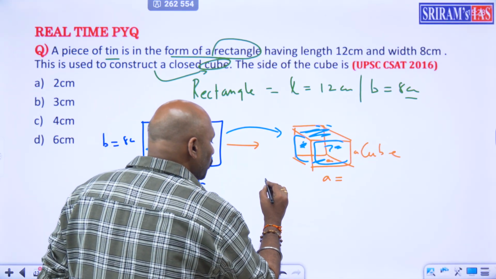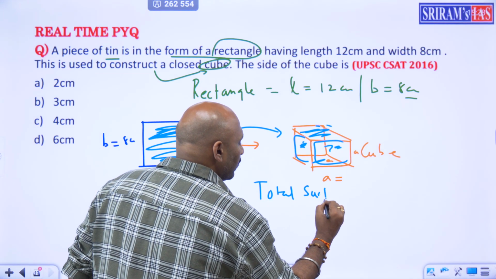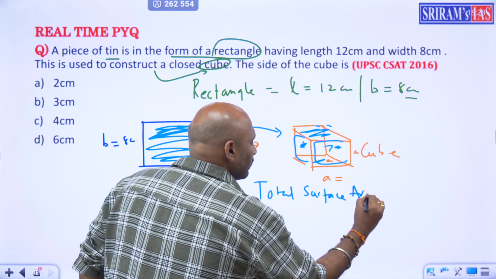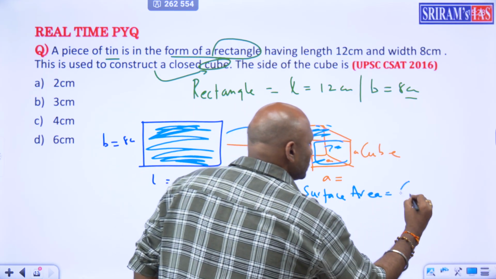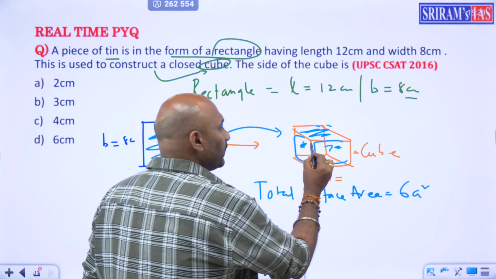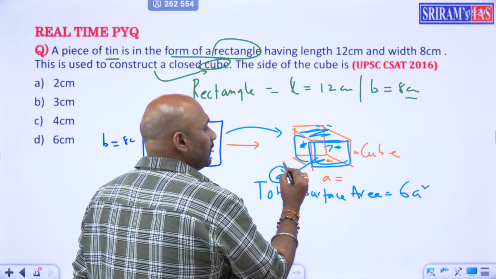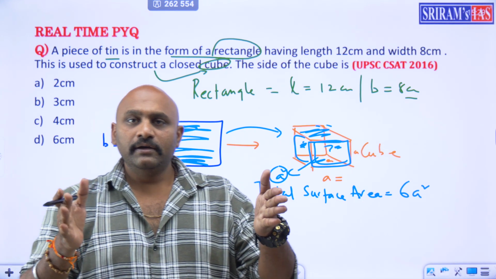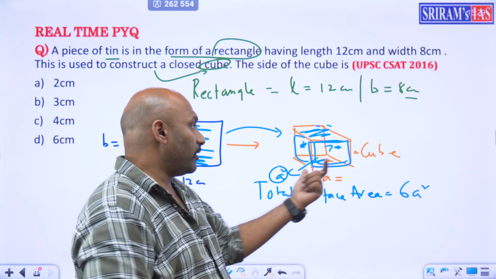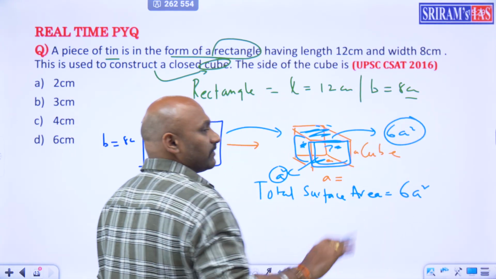The whole area of the cube is the total surface area, which is 6a square. How did 6a square come? If you take one face of the cube, it is a square. For a cube there are 6 faces. Therefore, the total area of the cube is 6a square. That is the total surface area.